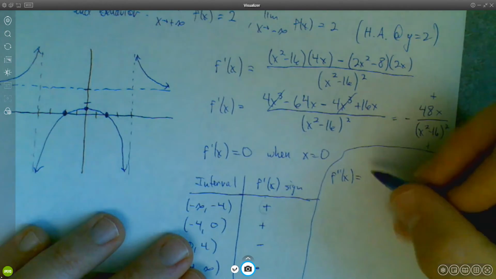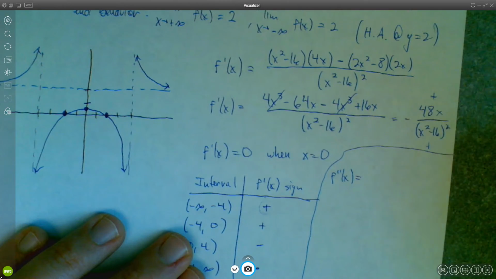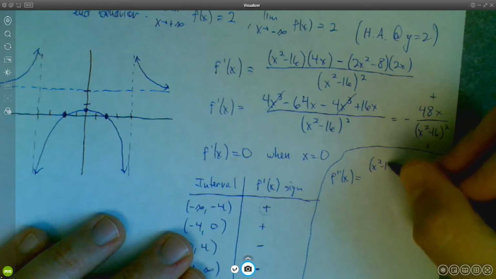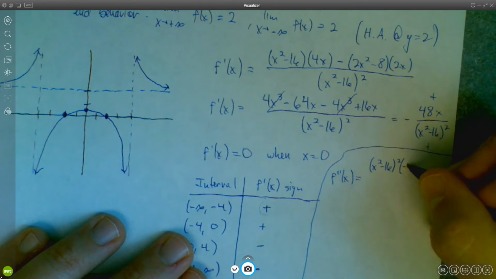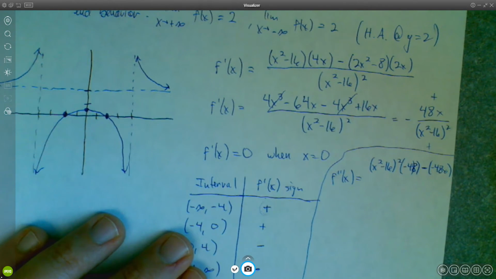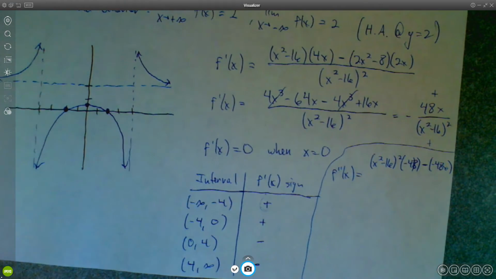Okay, so I'm going off of this function here. So f double prime is going to be low d high, negative 48, minus high negative 48x d low, and I've run out of space. You know what? I'm going to cheat.